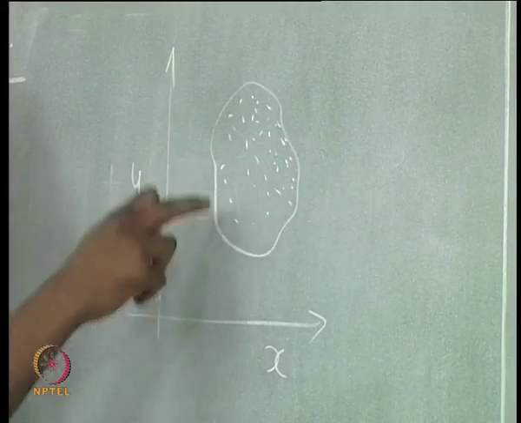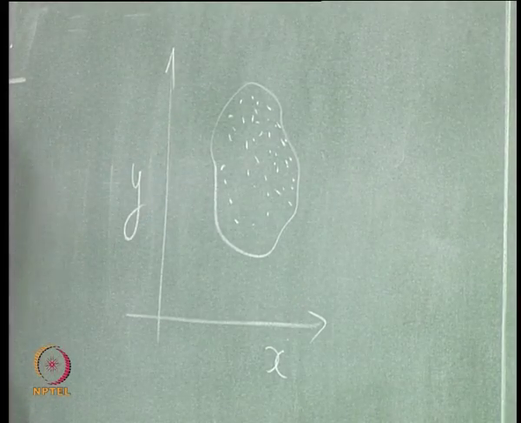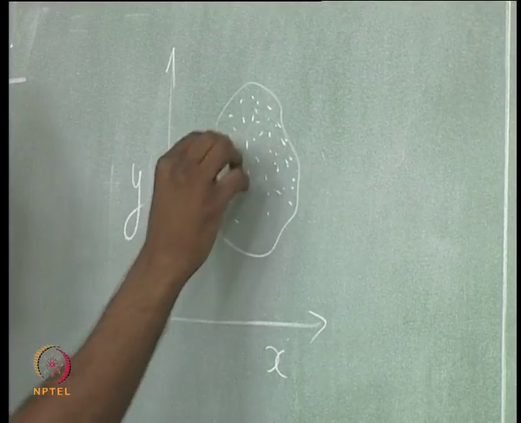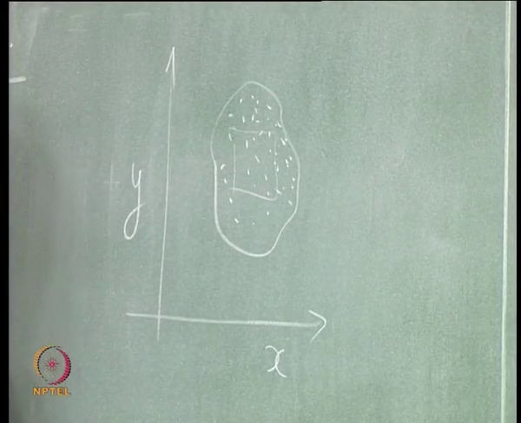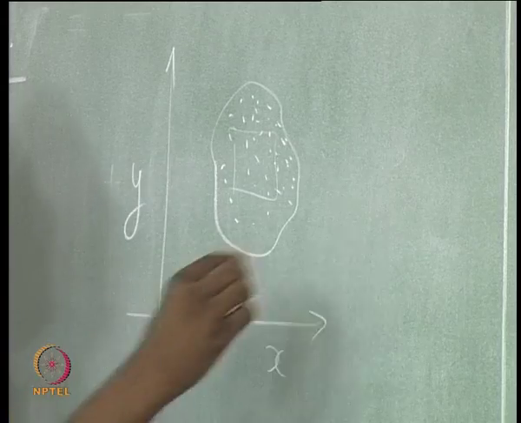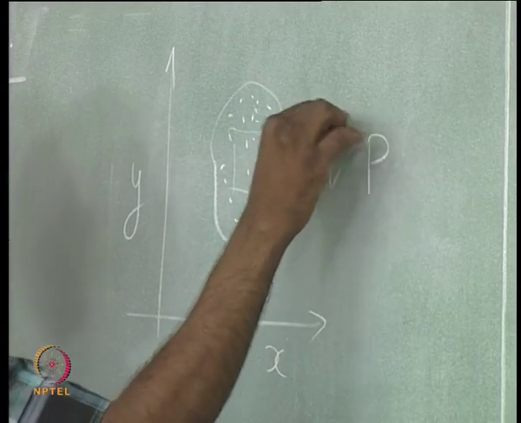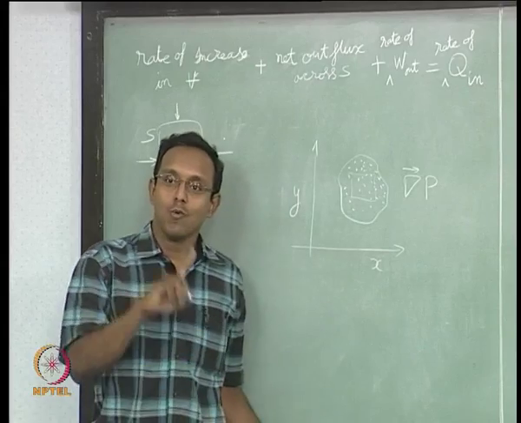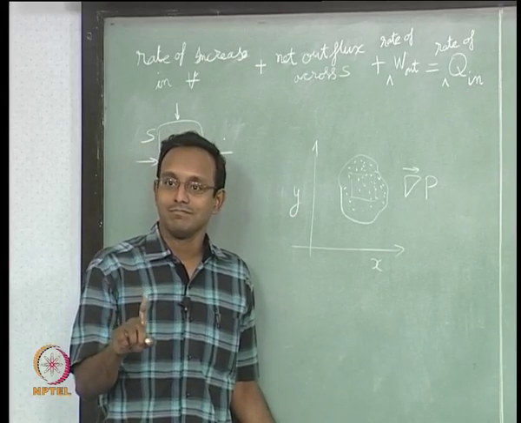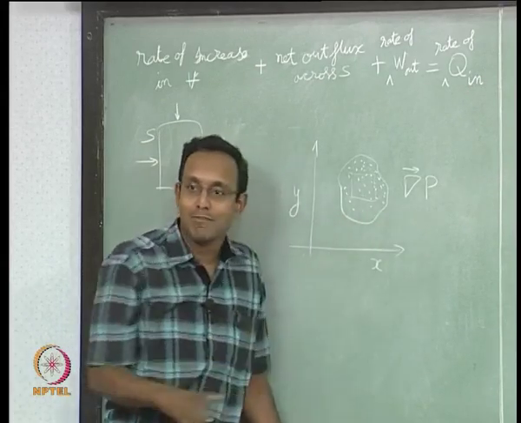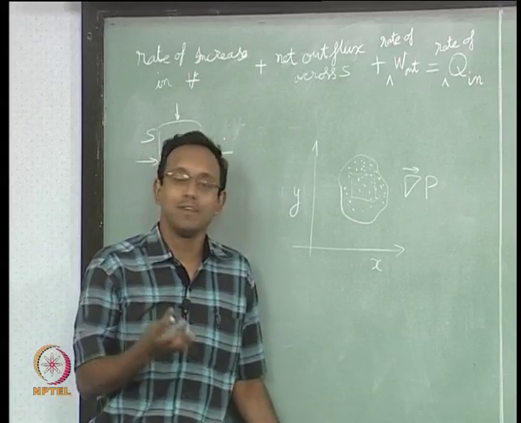Pressure is high here, low here. If I take a gradient over this volume, if I take grad p, del p, this happens to be a vector, it will have one direction finally, because it is a vector, it has to have a particular direction. What will that direction be?